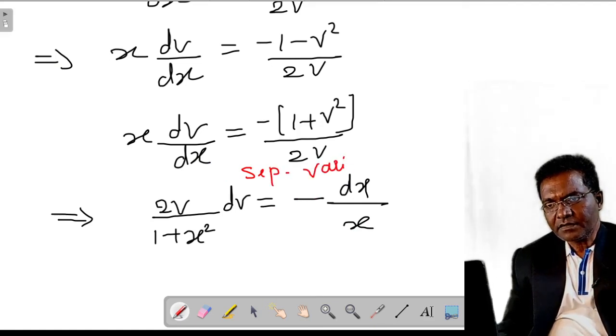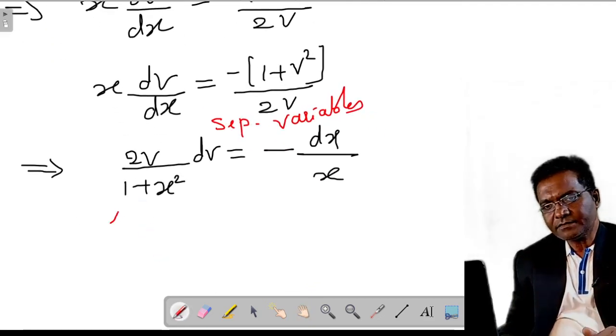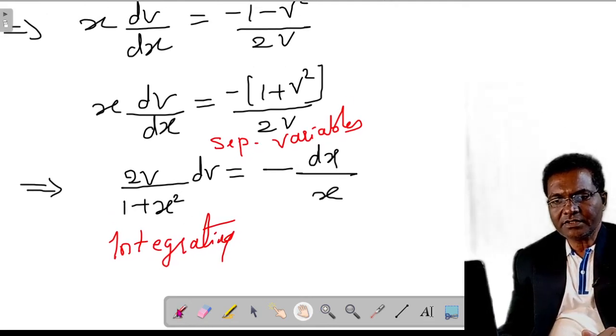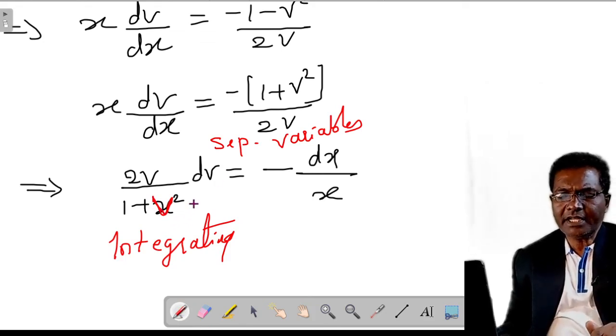Once the variable gets separated, integrate. Integrating on both sides. So here it is v square. Okay. So integrate on both sides.